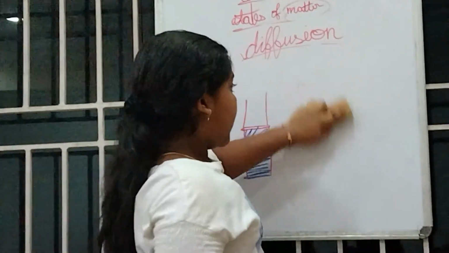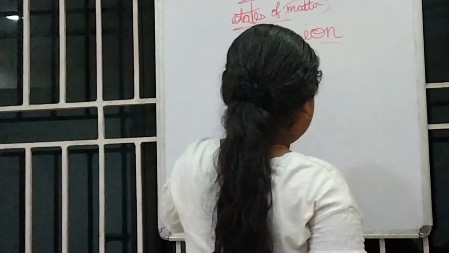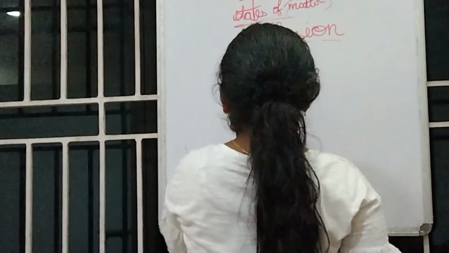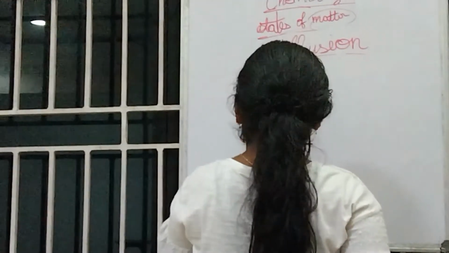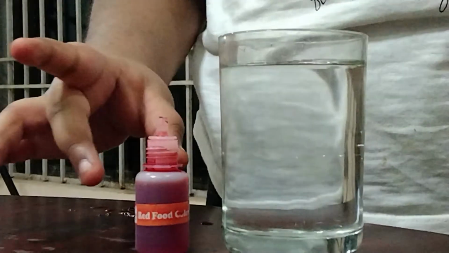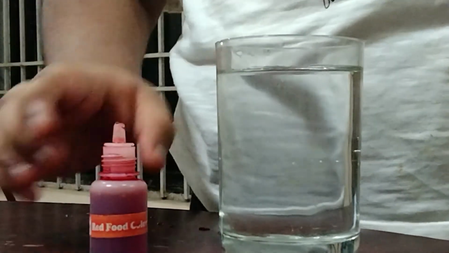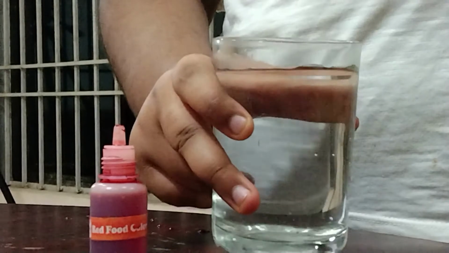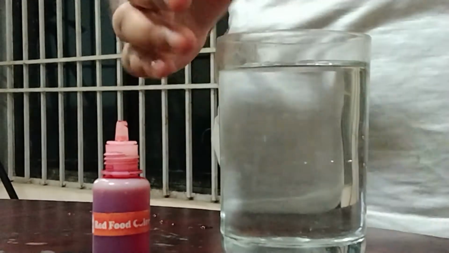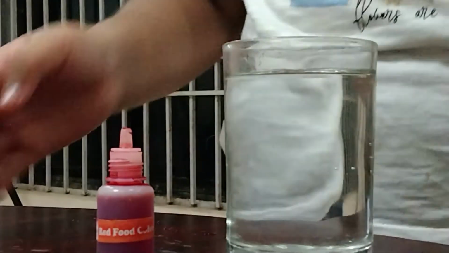Okay, next we can see the experiment of diffusion in water. We need a food color and a cup of water. I have taken normal water. If you have hot and cold water, you can test those also.